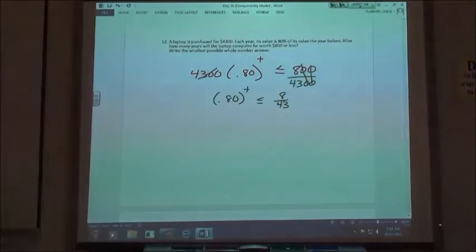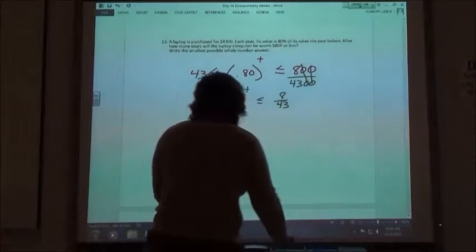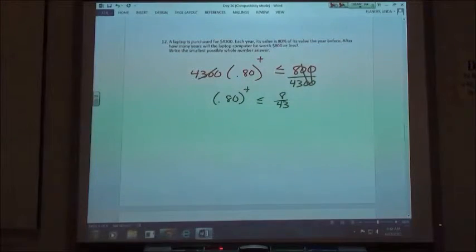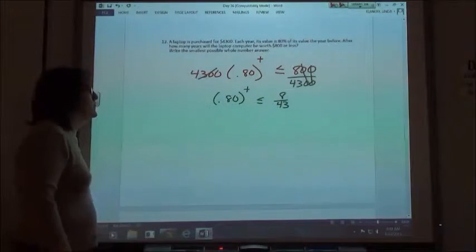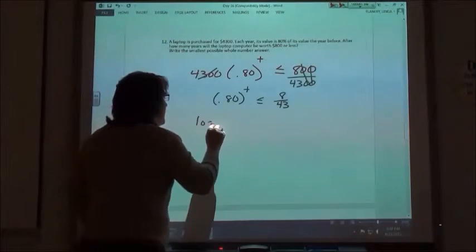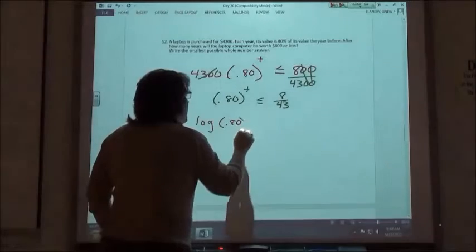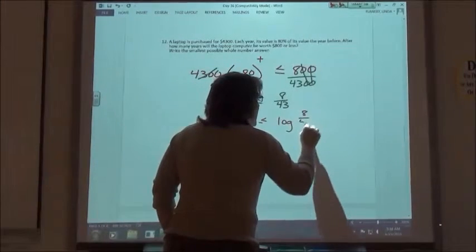All right. Then what are we going to do? We are going to log both sides. The log of 0.80 to the t power is less than or equal to the log of 8/43.